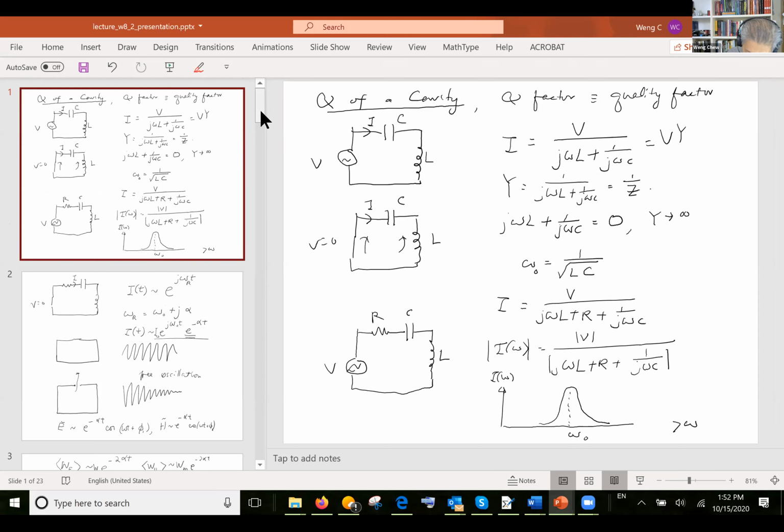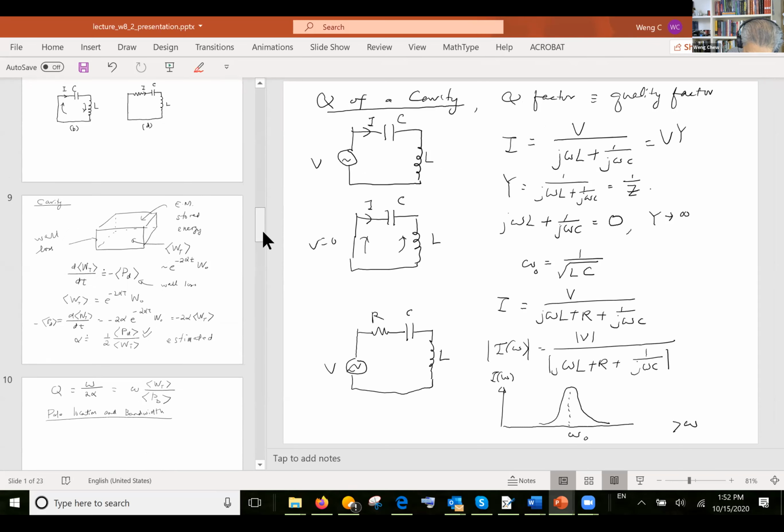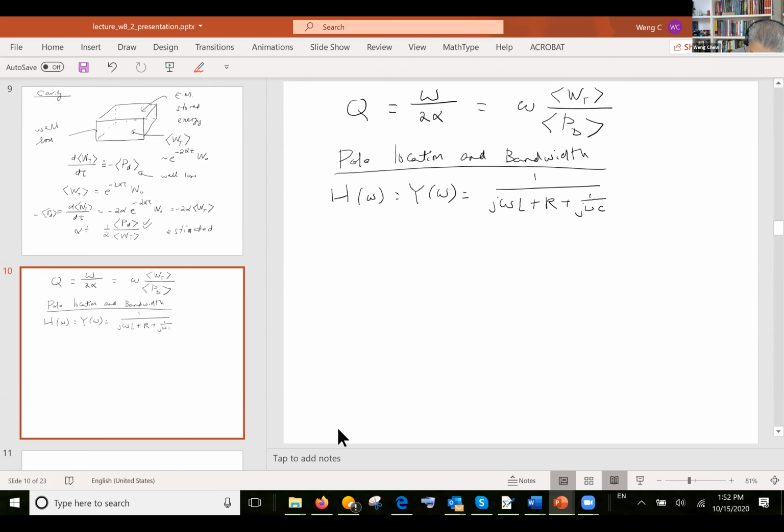Y would be a transfer function in this system. In electrical engineering we usually call a transfer function H, but the transfer function that we have now is j omega L plus 1 over j omega C.